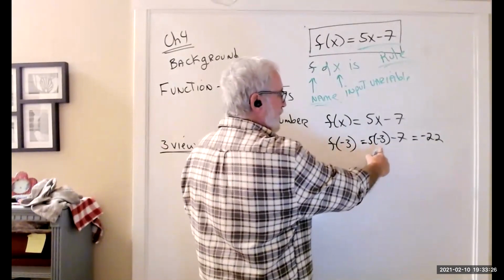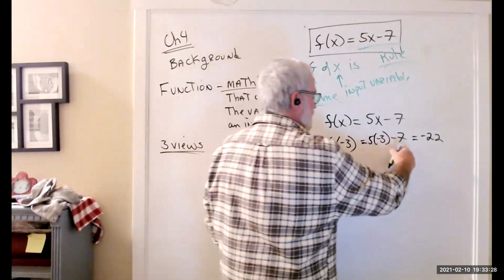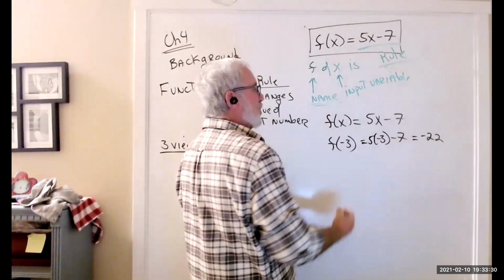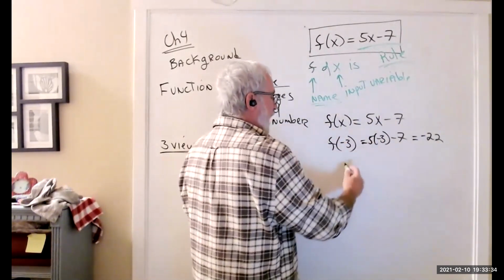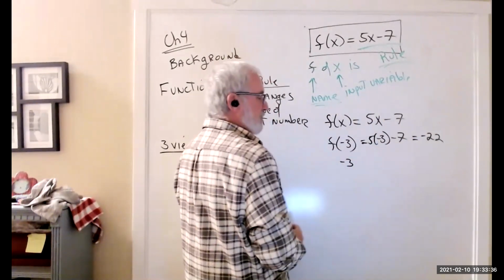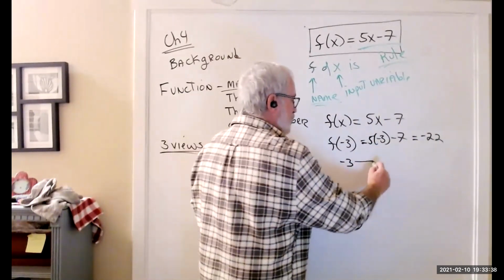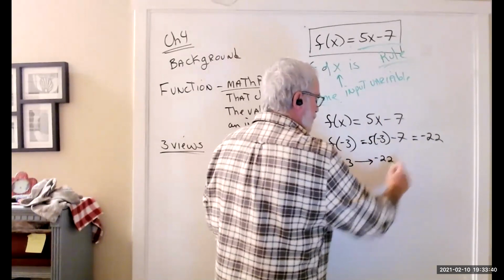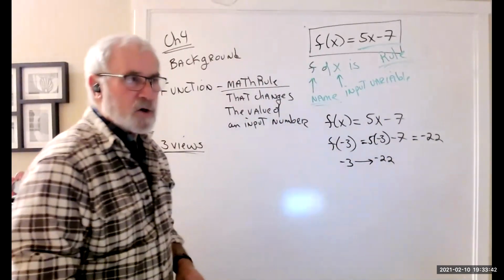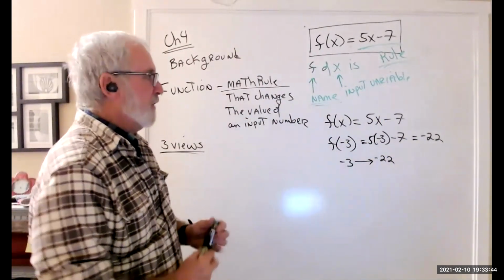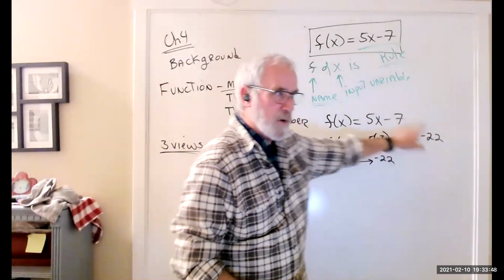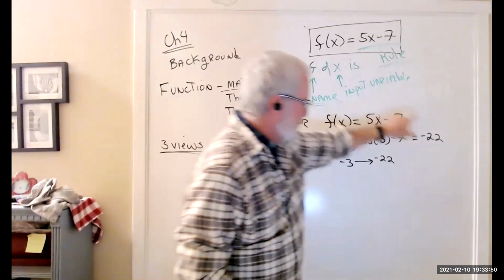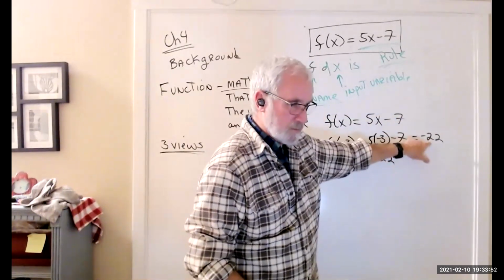5 times negative 3 is negative 15. Take away 7 is negative 22. So this function, this rule, has taken negative 3 and changed it into negative 22. That's all that's happened. F of negative 3 became negative 22.